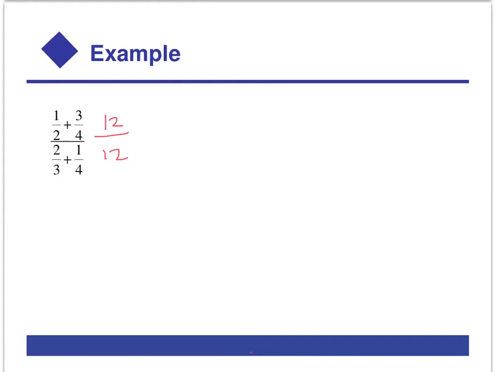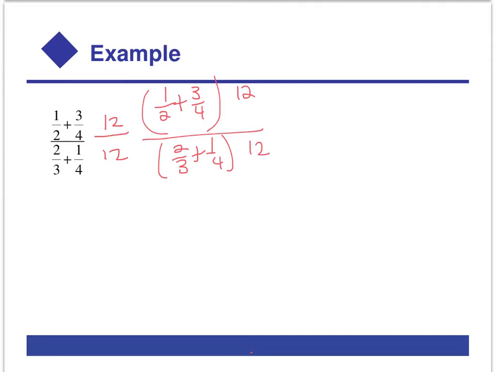So we now have 1/2 plus 3/4 times 12 over 2/3 plus 1/4 times 12. What we're doing is we're going to clear up these fractions, and it kind of makes it look a little easier or a little better to work with.